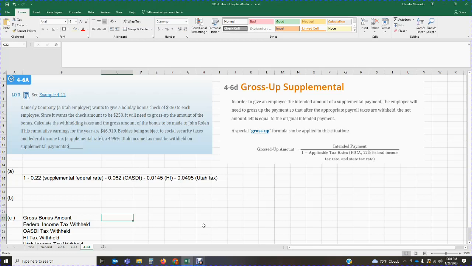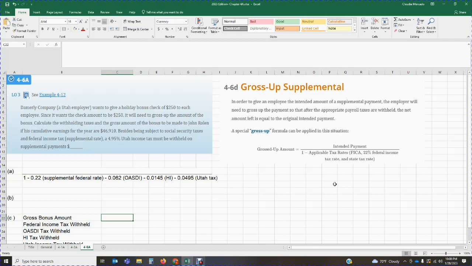So in your textbook, we have a section that deals with the gross up supplemental. In order to give an employee the intended amount of a supplemental payment, in this case $250, the employer needs to gross up the payment. So, after all of the appropriate taxes are withheld, the net amount left in the check is the original intended amount.